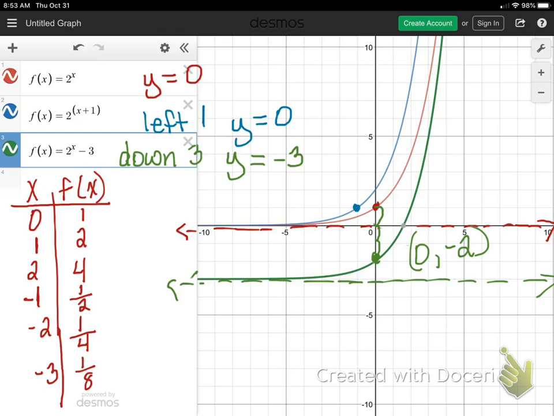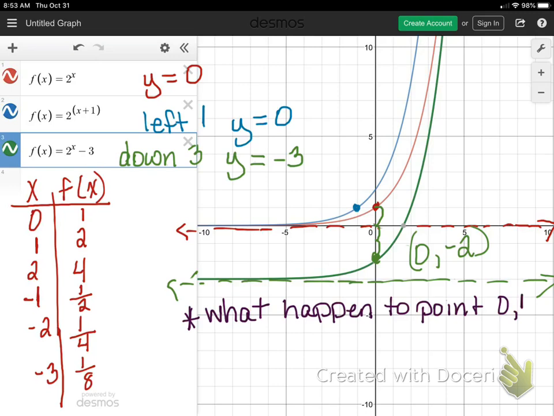So you're going to ask yourself 2 things when you're looking at this. First, what happened to the point 0, 1? Because you want to know what happened to that point, 0, 1.